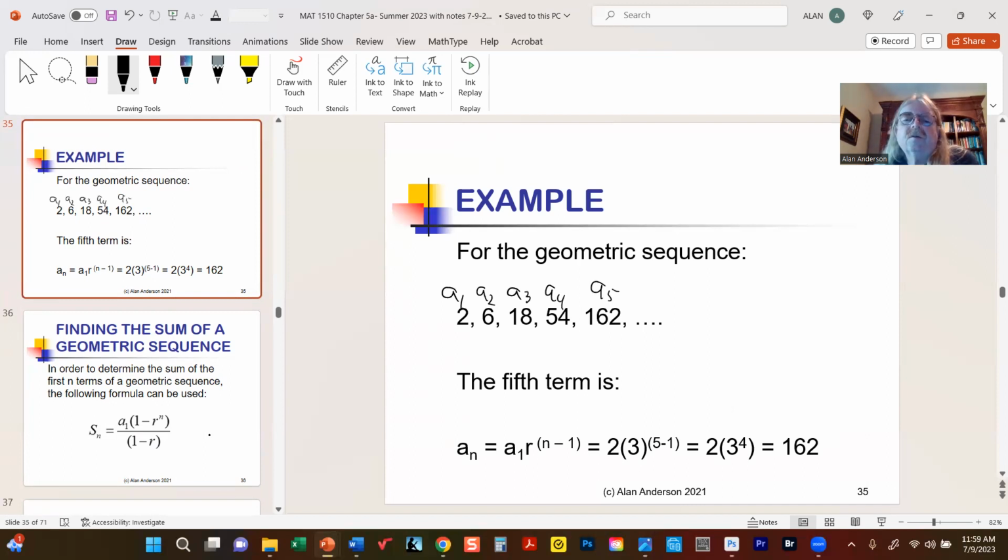So if I need to know the fifth term, which obviously I can see it, but if I want to figure it out with my formula, I've got A1, which is the 2. The common ratio is the 3. And the exponent is n minus 1. In other words, 4. I've got 2 times 3 to the 4th. That turns out to be 162. So it's a very straightforward formula. And if you notice, we don't need to know anything else, just the first term and the ratio.